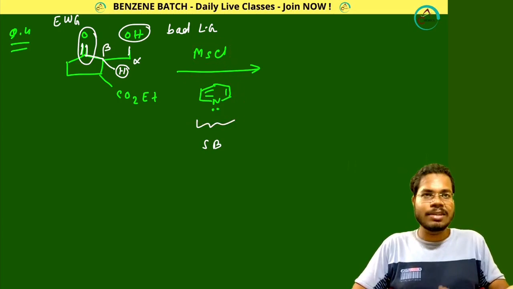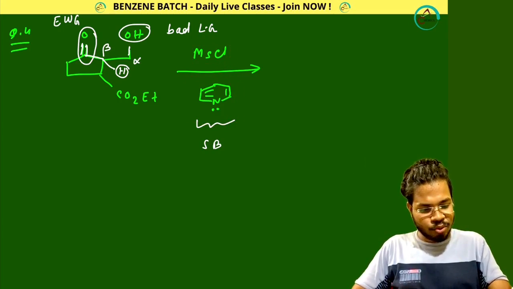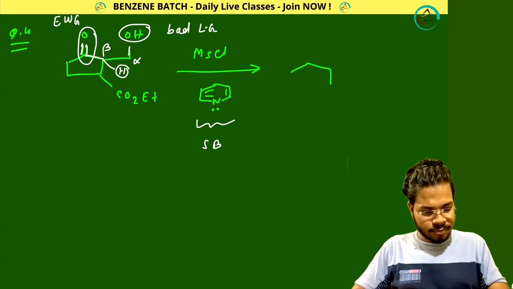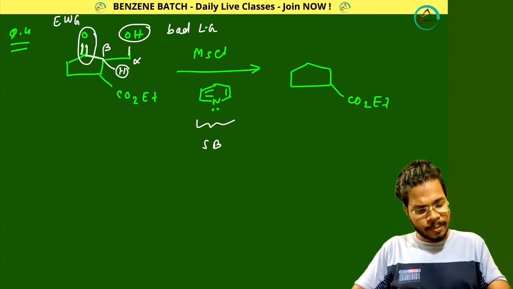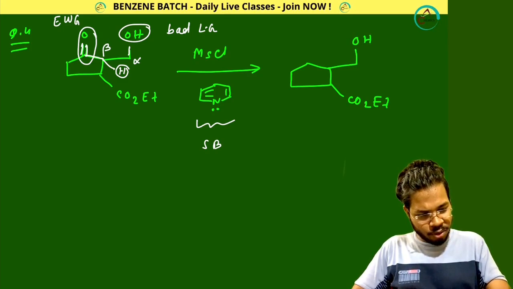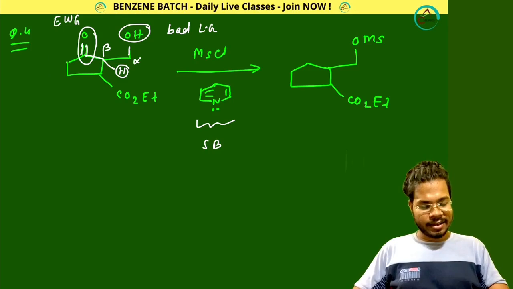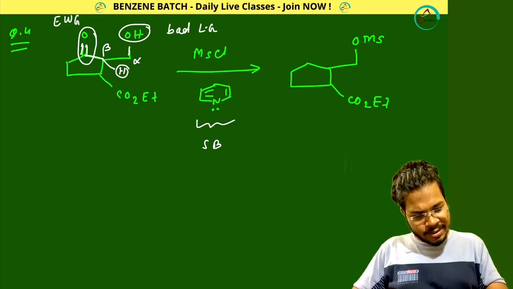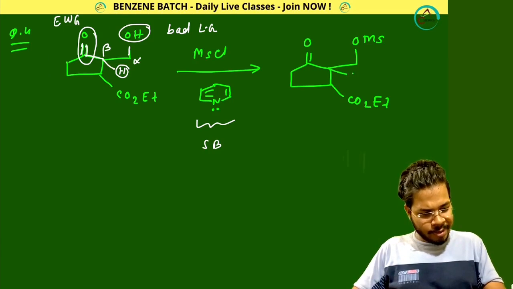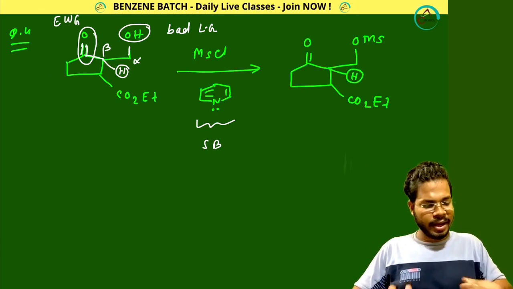This system will change into CO2Et, and I will make the OH as OMs, just like that. Here I am having double bond O and this H.